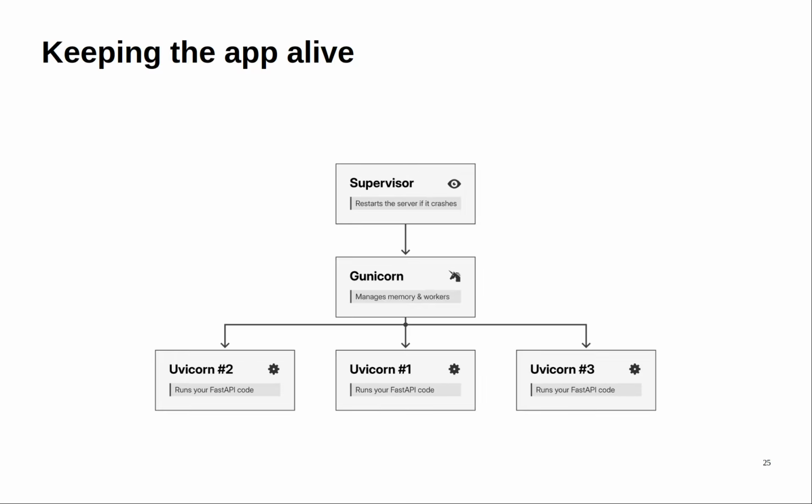Supervisor will detect that and hit the reset button, which means that we are going to recreate everything from scratch, just to ensure that the application is healthy again and is ready to receive requests from users. So yeah, this is why we need Gunicorn and Uvicorn and also supervisor.